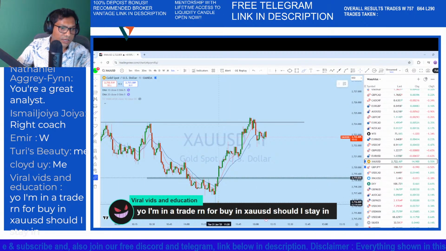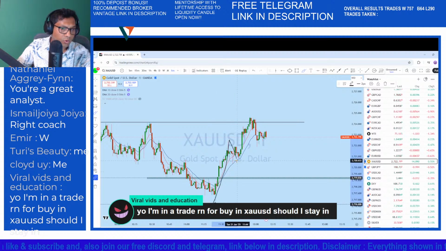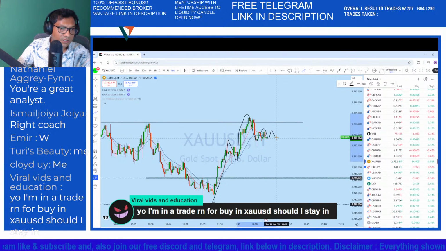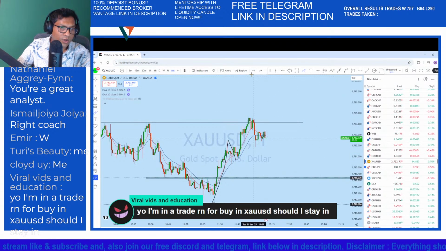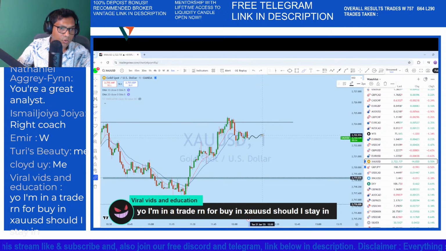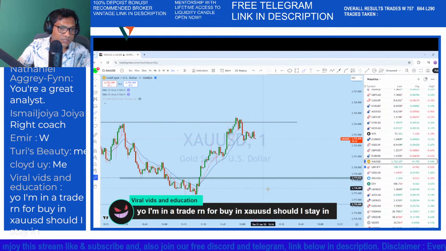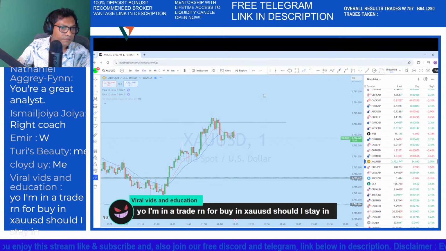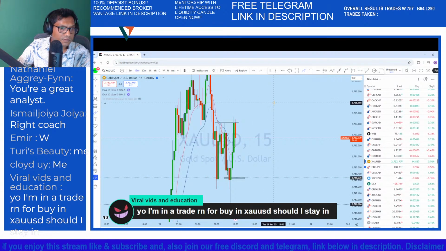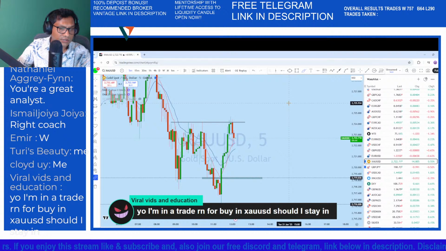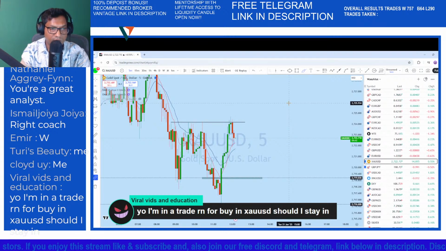You can see this is an impulse from here, pullback, another impulse, the market potentially moving sideways, and with the sideways movement expecting this price to retest and then bounce back up. Let's see where the market may be trending.